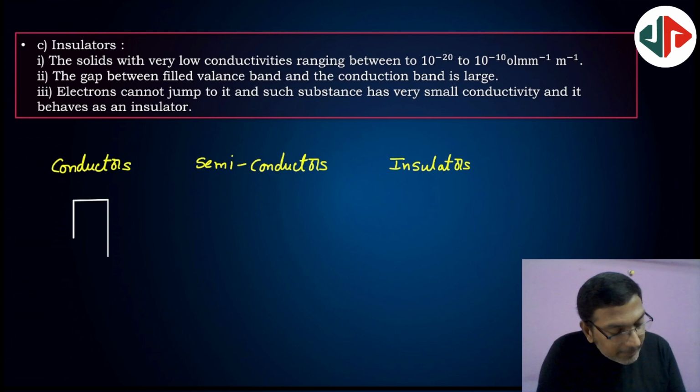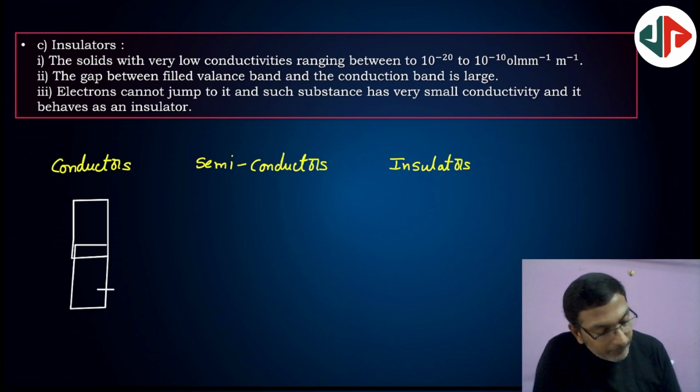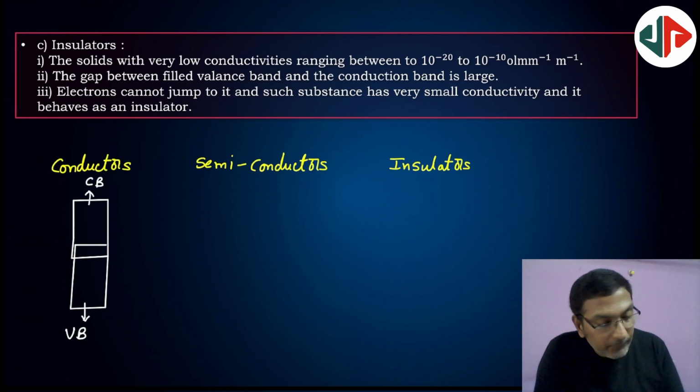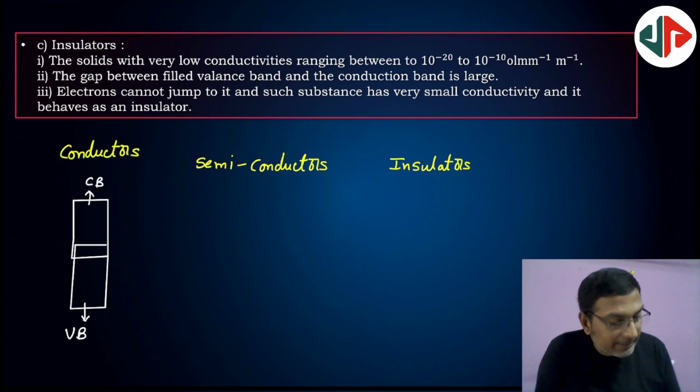So this is conduction band. In case of conductors, both are mixing. Negligible gap. That means almost no gap. So this is valence band, and this one conduction band. Therefore, these are best conductors.